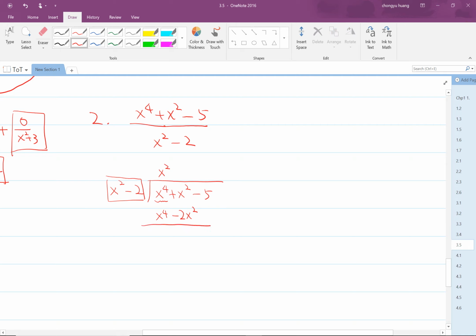So now, as always, we want to subtract. x to the power 4 minus x to the power 4 is equal to 0. x to the power 2 plus 2x to the power 2 is equal to 3x to the power 2 minus 5.